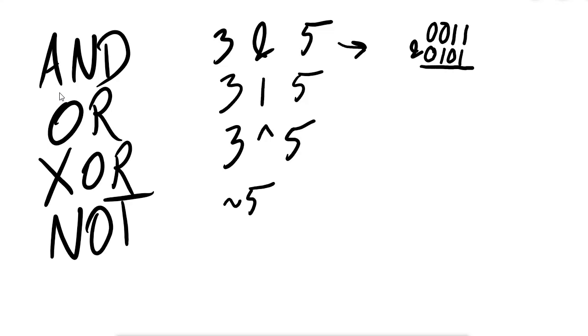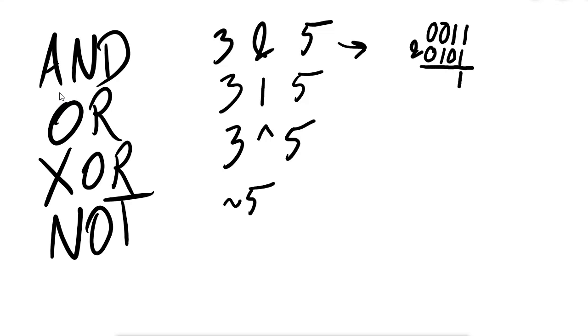So now a set bit, or a 1 bit, is true and a 0 bit is false. So if we go through the bits, we say, okay, this 1 bit and this 1 bit, yeah, that's true, right? True and true is true. Now this first bit is true, but the lower bit is false.